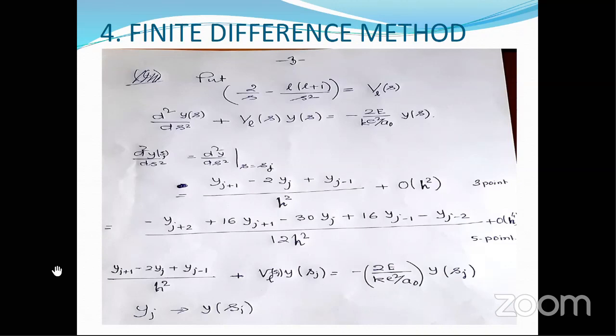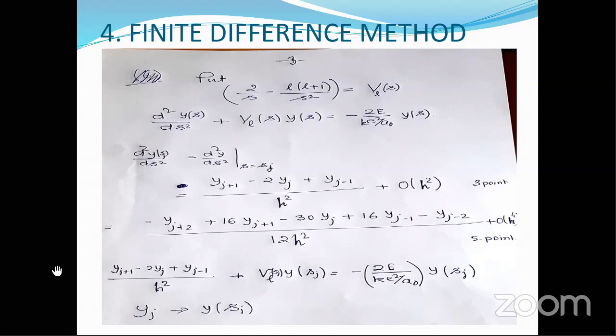So the double derivative could be written very easily as y(j+1) minus 2y(j) plus y(j-1) divided by h square, plus terms of order h square. This is our 3-point formula. And of course, a more sophisticated formula, the 5-point formula, gives the double derivative as minus y(j+2) and so on, over 12h square, plus terms of higher order.